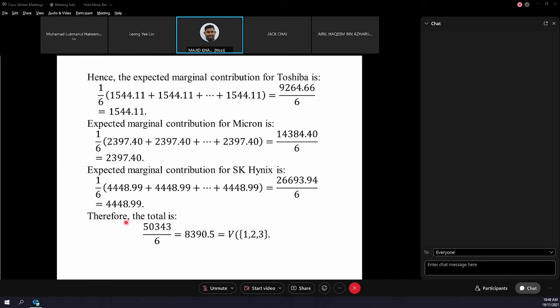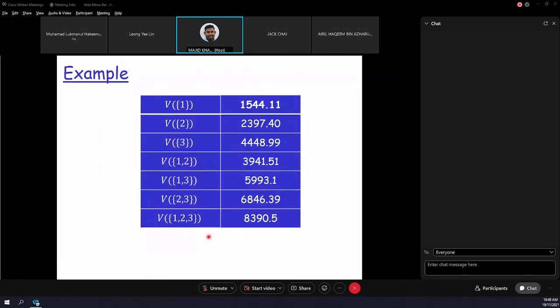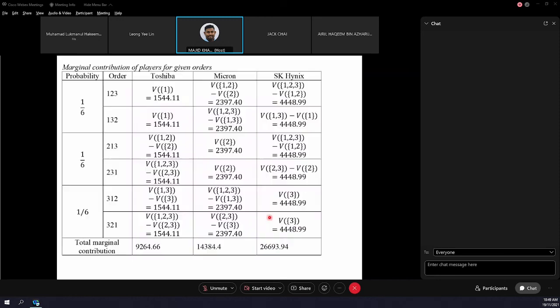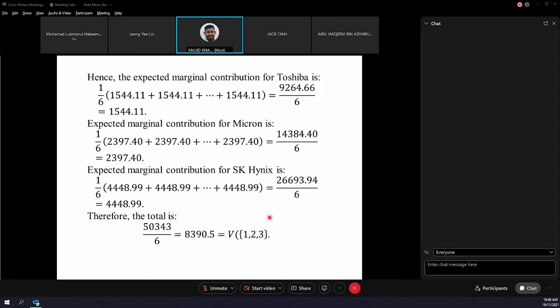When you divide it by 6, you get 8390.5, which is the value of the coalition 1, 2, and 3. You can look back here: 8390.5.